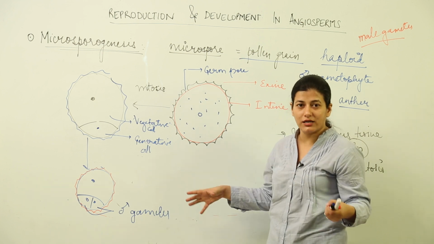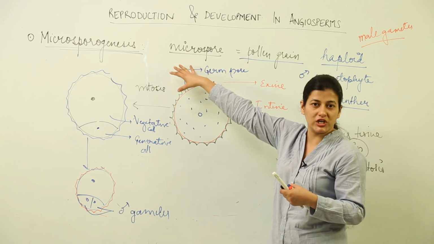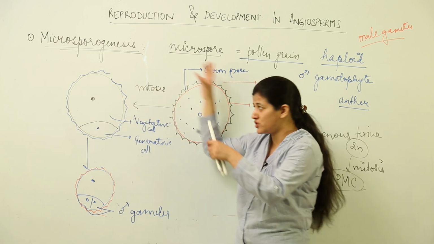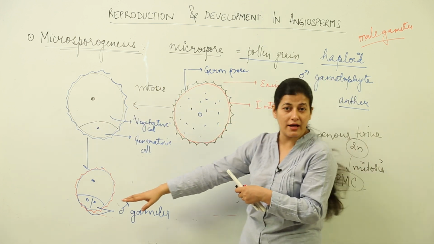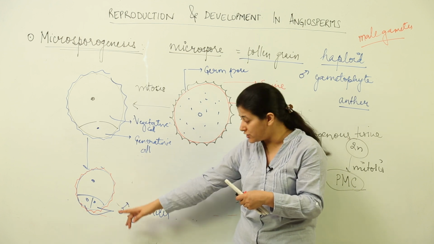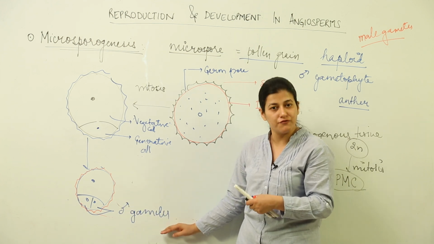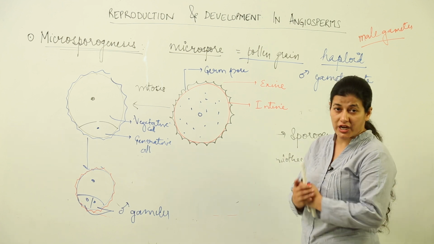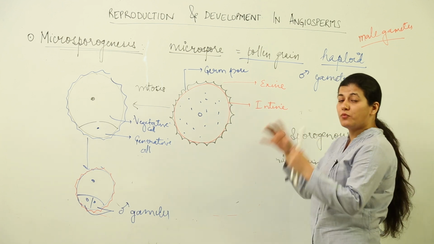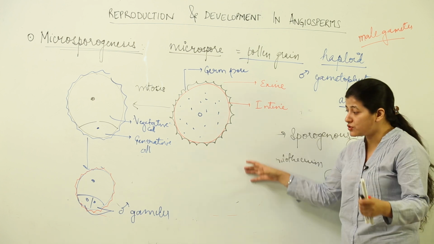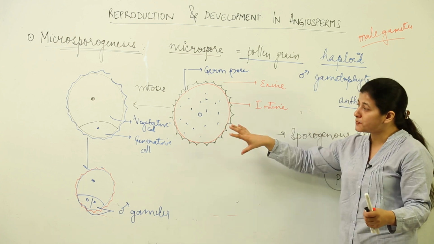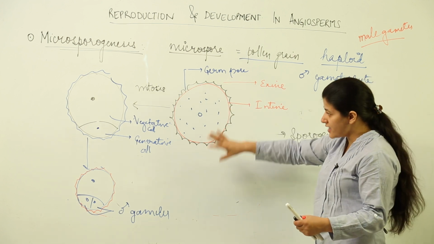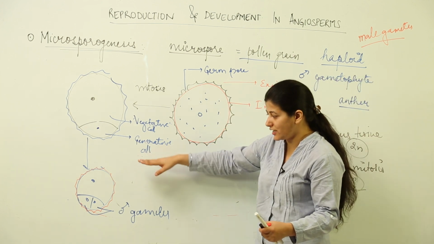So when the dehiscence occurs, during the microsporogenesis process, the pollen could have reached the stage beginning from those which I have rubbed, or it could be at the final stage when both male gametes have been formed. So this is all about microsporogenesis, where we started with the sporogenous tissue giving rise to a number of pollen grains, and those pollen grains further undergo mitosis and form the gametes. And as I told you in the end, the pollens could be shed at this stage or this stage.